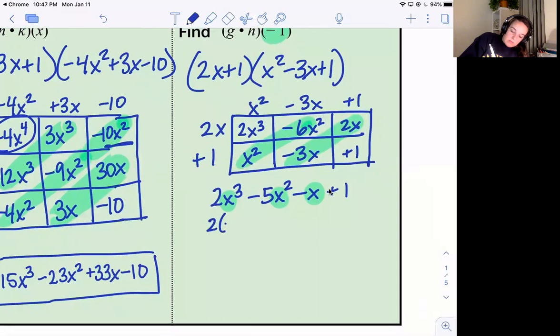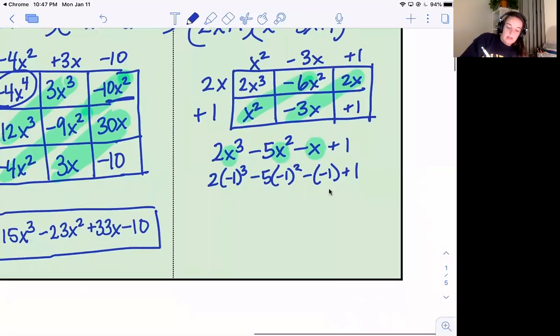So anywhere I see an x, I'm going to plug in that negative 1. So I'd have 2 times negative 1 to the third minus 5 times negative 1 squared minus negative 1 plus 1. So I'd have 2 times negative 1 to the third is negative 1 times negative 1 times negative 1. Negative, negative, negative makes a negative 1.